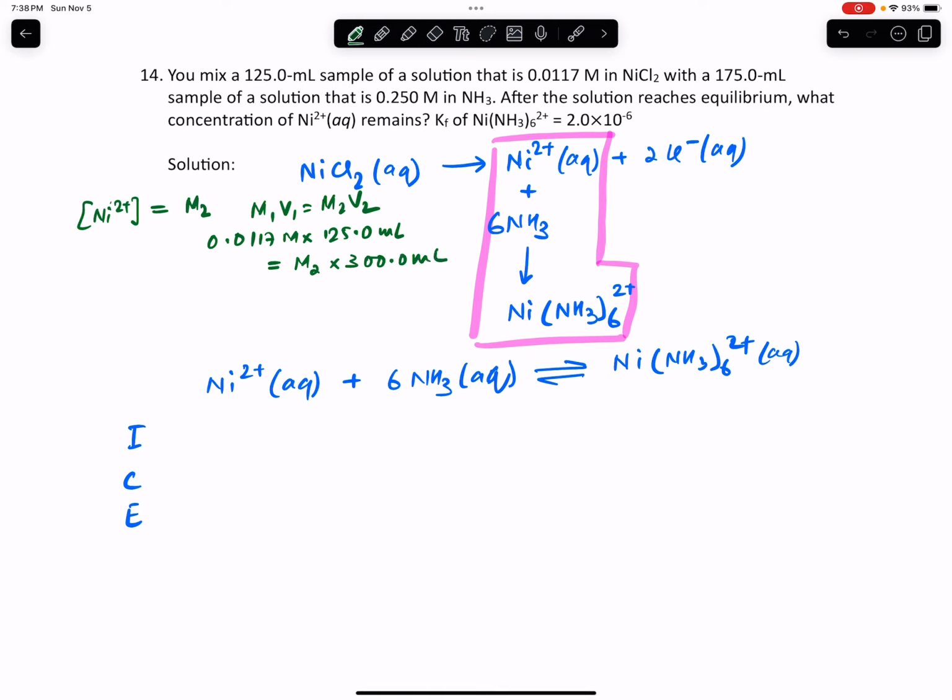If we solve this, we get M2 equal to 0.004875.